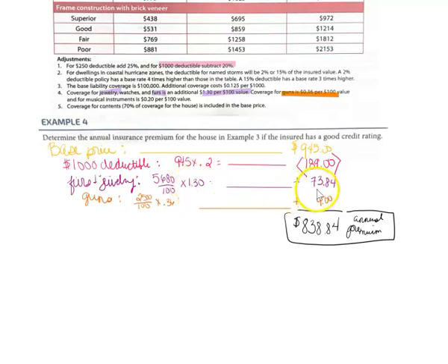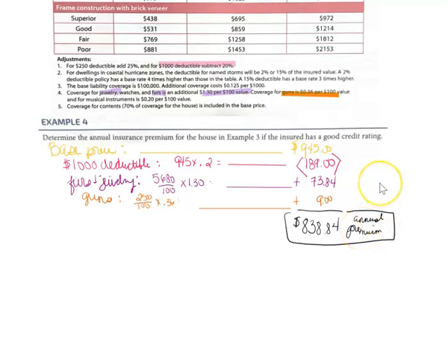So that's an extra $73.84 a year. And then guns, $2,500 divided by 100 times 36 cents on every $100. So that would be an extra $9 to cover their guns. So when you add all this up but subtract $189 from it, you get a total of $838.84. That's their annual premium. That's how much they pay every year.